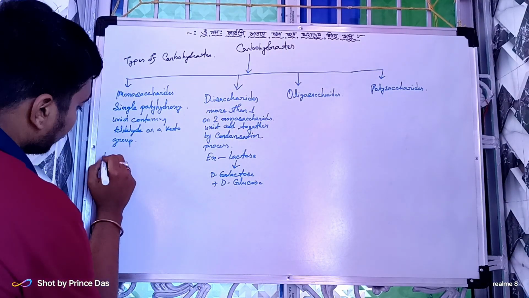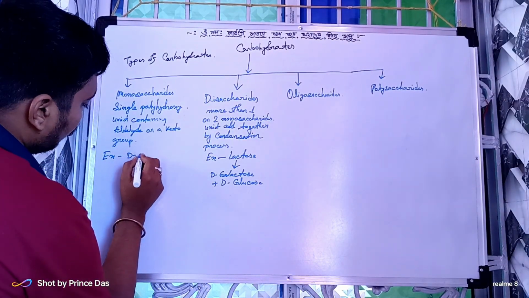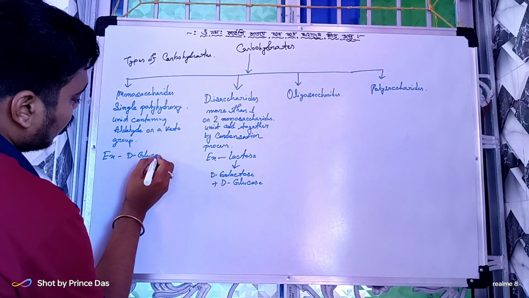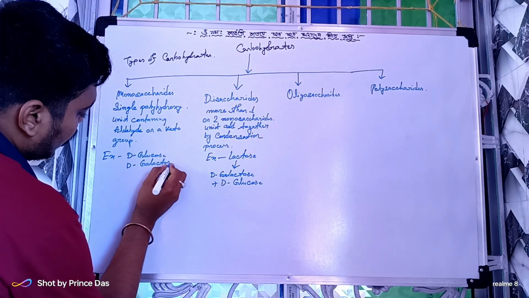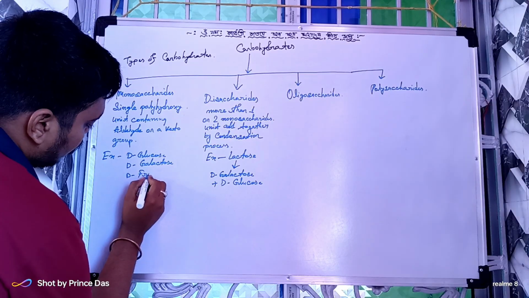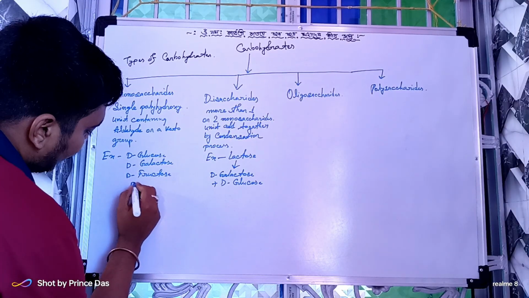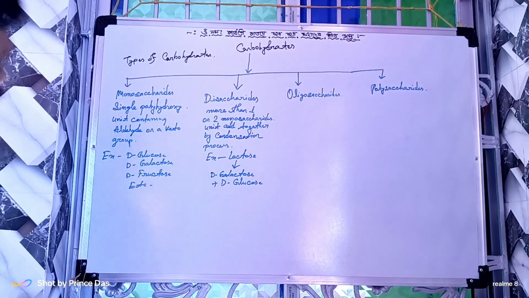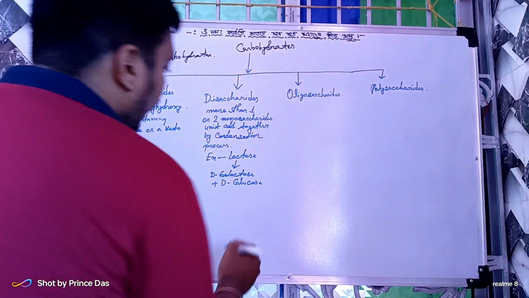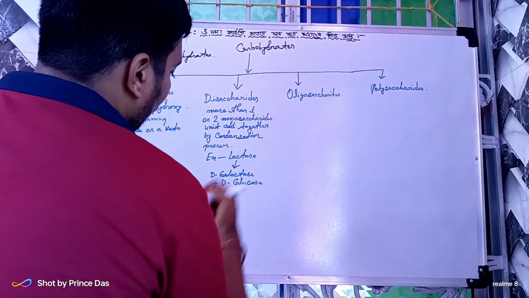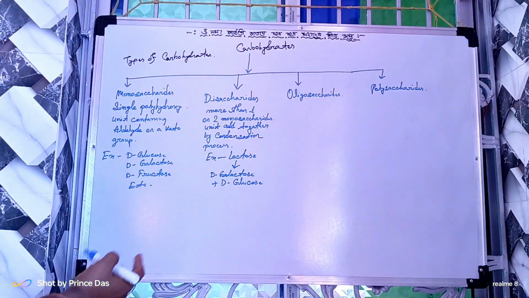Examples of monosaccharides are D-glucose, D-galactose, D-fructose, etc. And examples of disaccharides: lactose, sucrose. Sucrose contains glucose plus fructose.